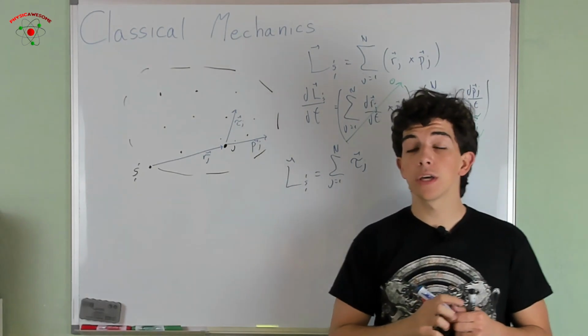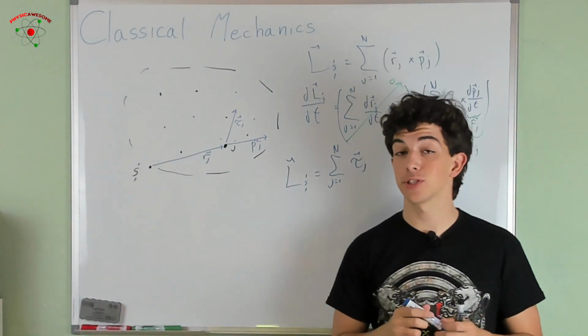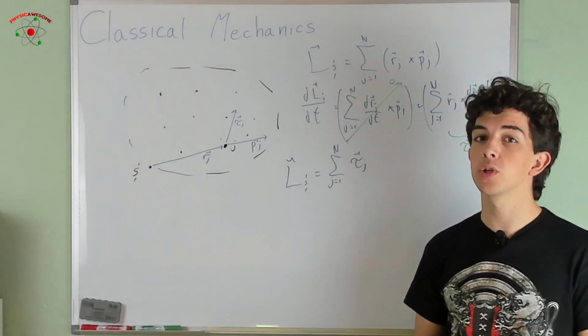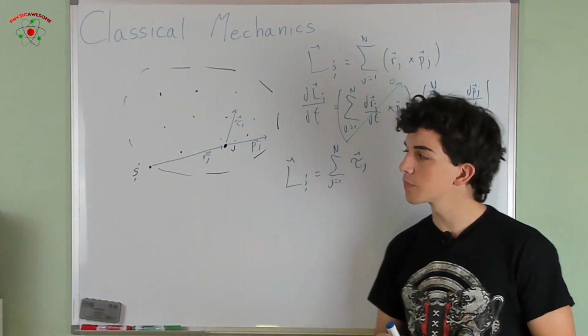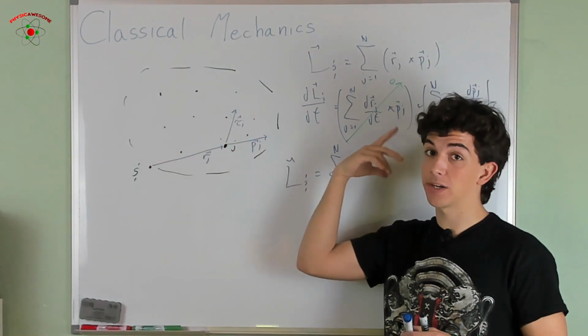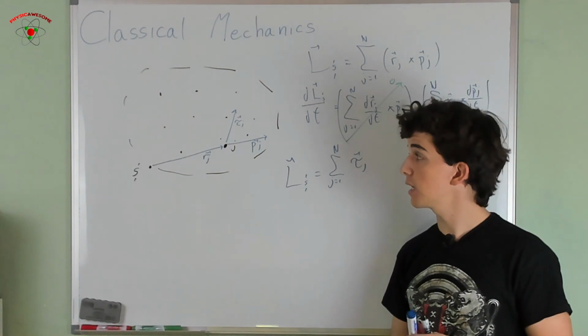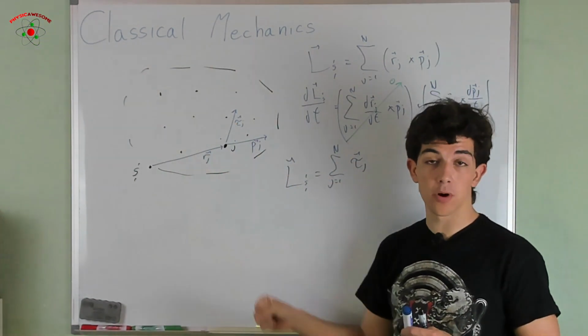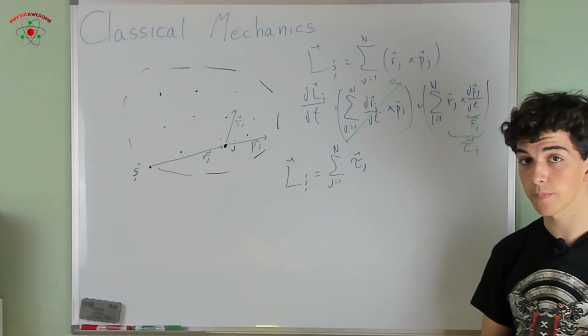And now, here's where this special assumption comes in, which is not really an assumption, it's a consequence of Newton's third law. This torque is going to be generated by an external force, if there is any, and by the different interactions among our particles, our system of particles.